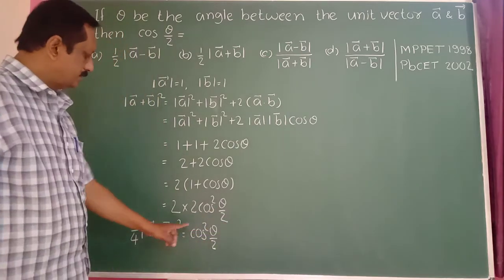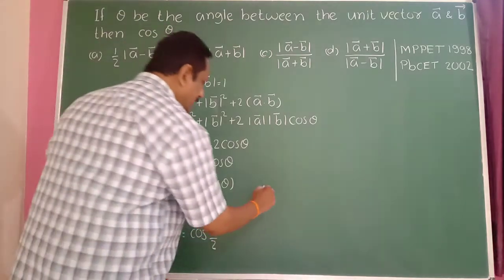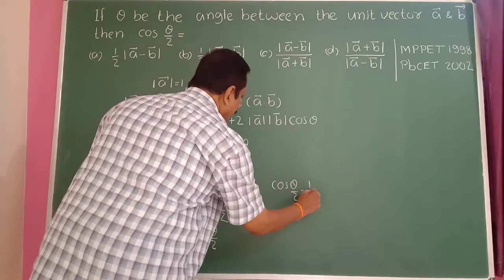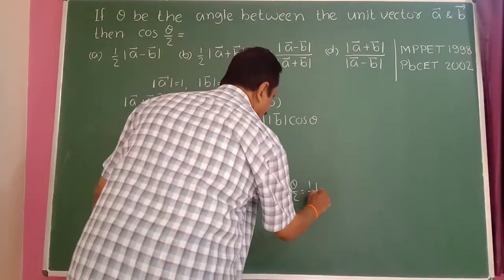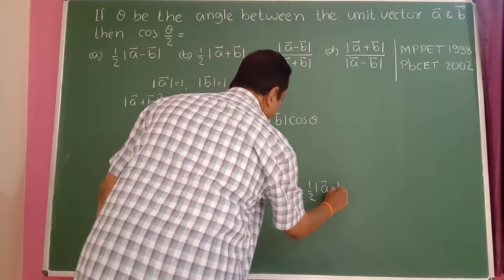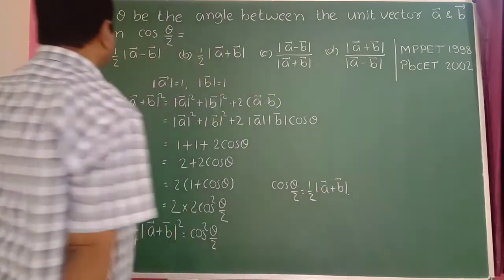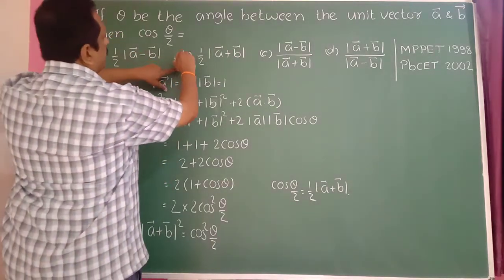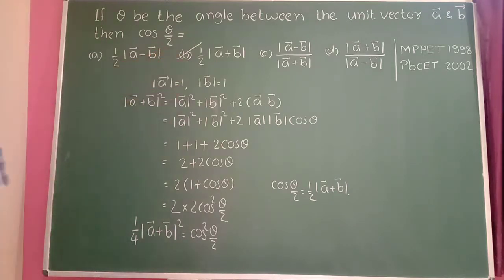Taking the square root on this side, cos of theta by 2 equal to 1 by 2 modulus of A bar plus B bar. So B is the answer here.